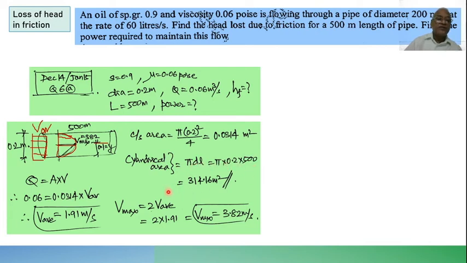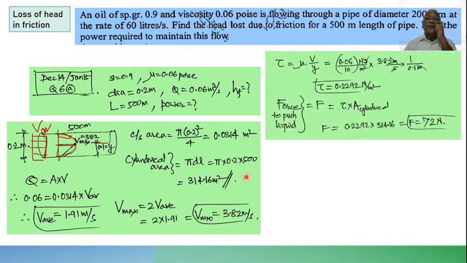Pi dl gives you the area of contact of water to the pipe. It is 314.16 meters square. Pi dl, you know how to calculate surface area of the cylinder. So the surface area which is in contact with the water, inside surface area, pi dl.